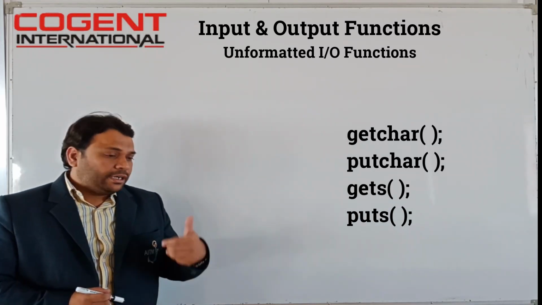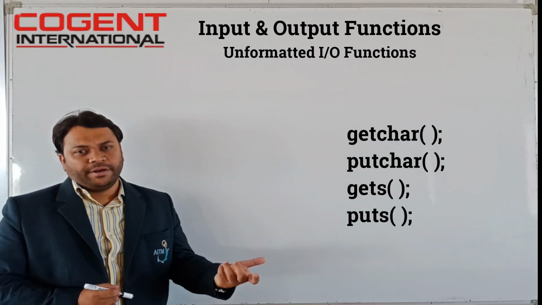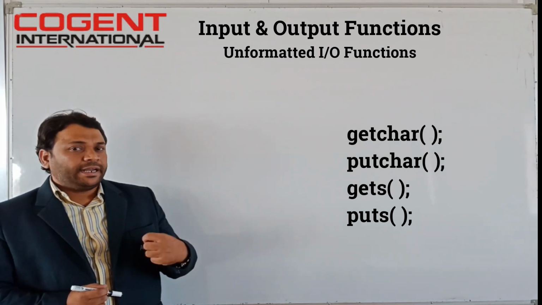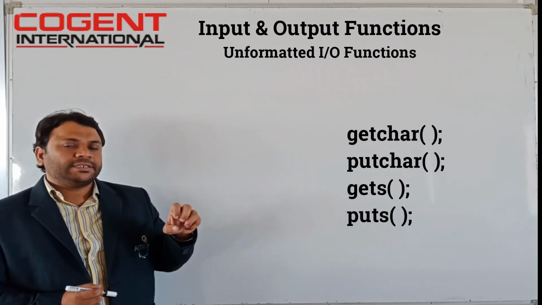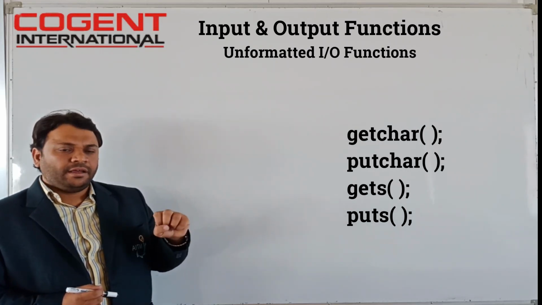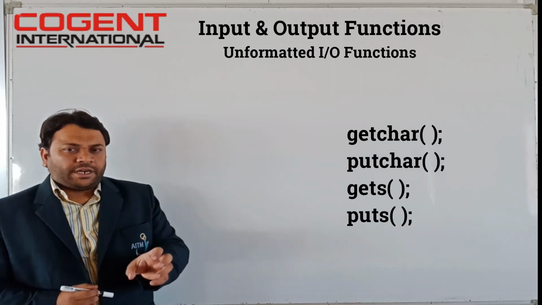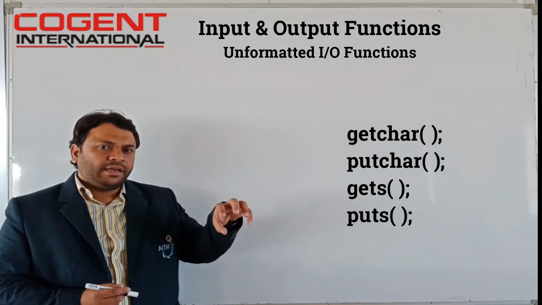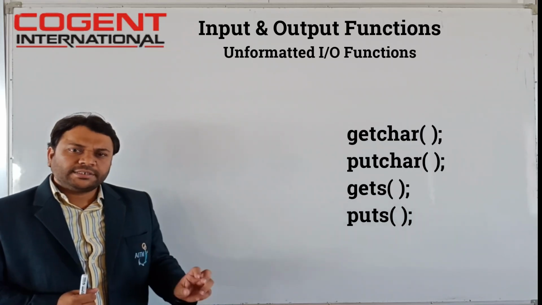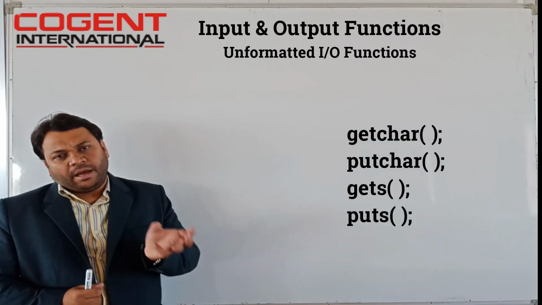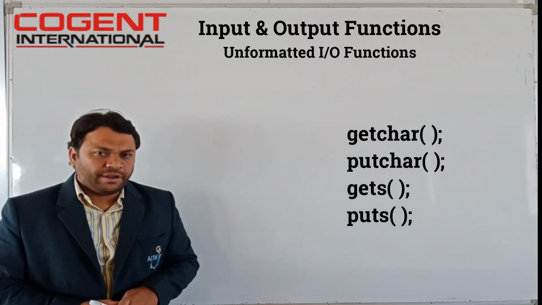Putchar means display that character onto the output device. Next is gets and puts. So gets, the name indicates get the string, S indicates string, and puts means put the string. That is, gets is reading the input from the standard input, and puts is going to display it onto the output device here.